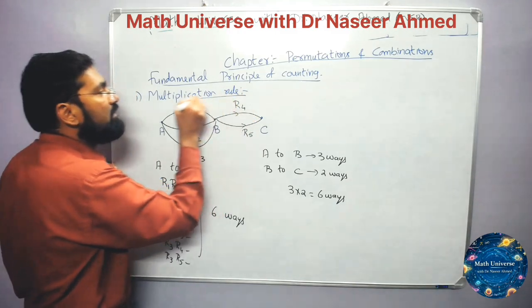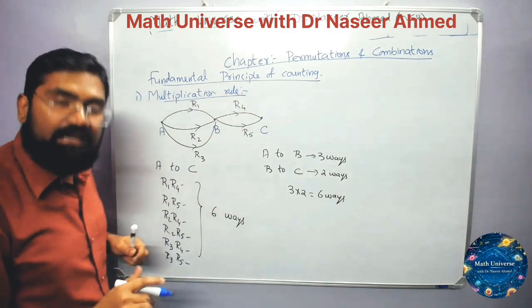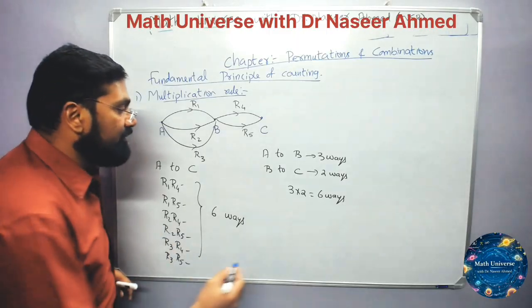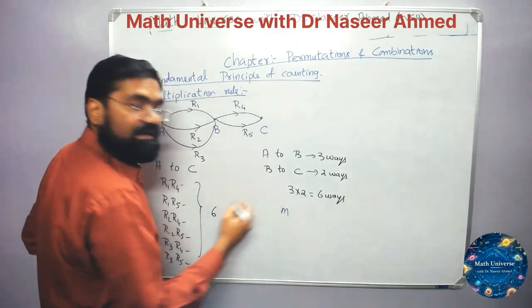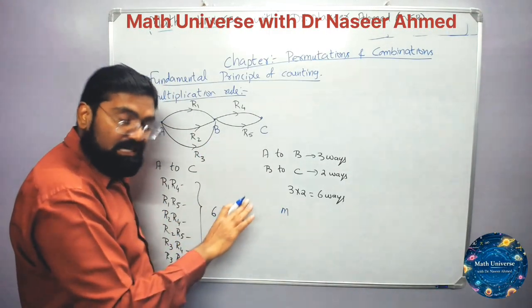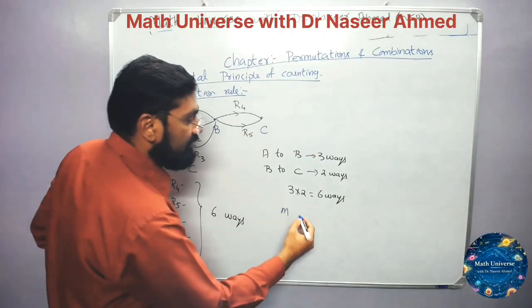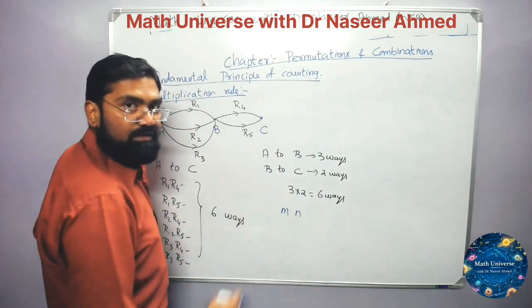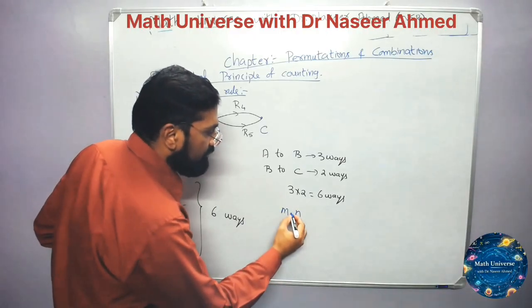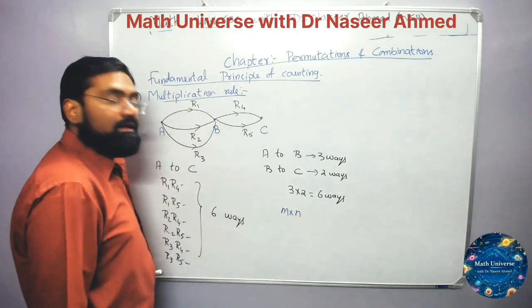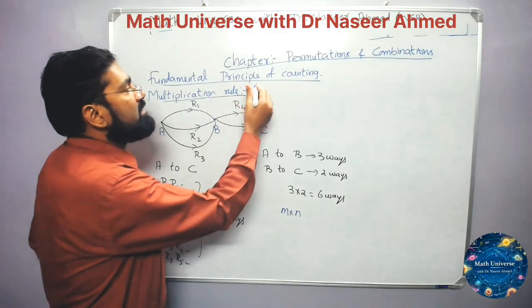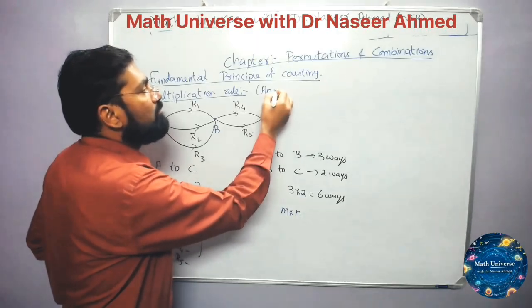Listen carefully. This rule says if an event can occur in m different ways, following which another event can occur in n different ways, then the total number of occurrences is m into n. For this, the multiplication rule acts like 'and', nothing but both should happen.